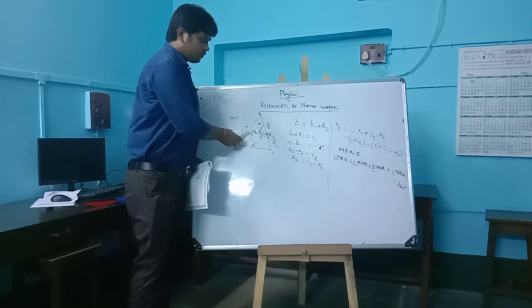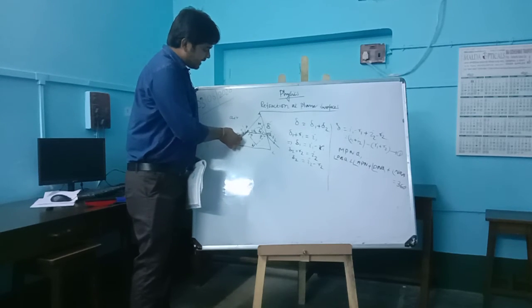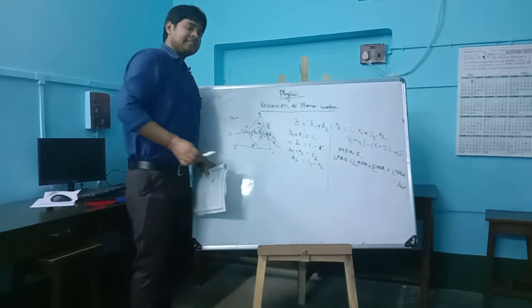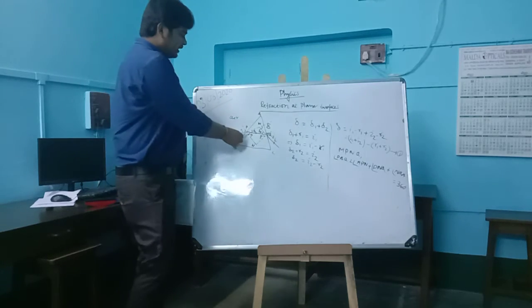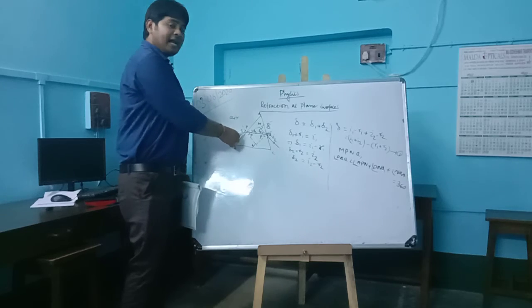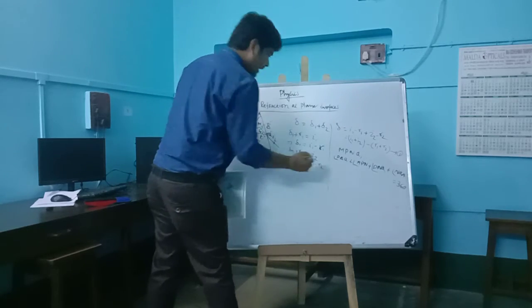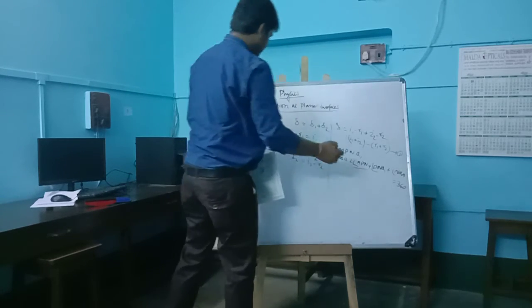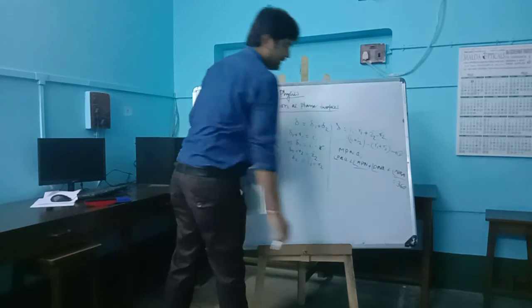But this is the normal, so we can say that the angles at P and Q are 90 degrees each, because we drew the normal here.